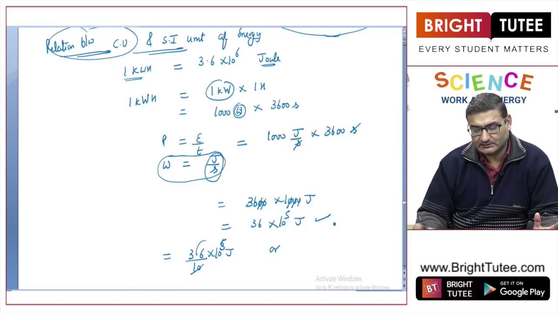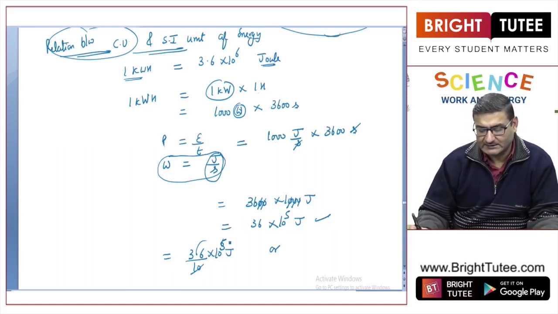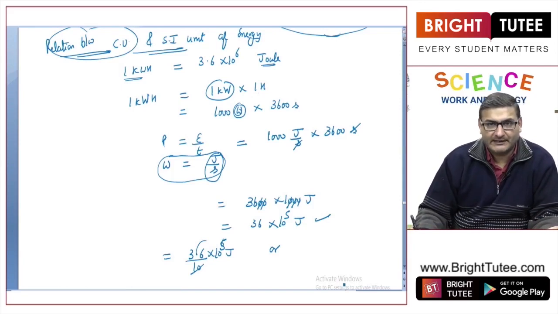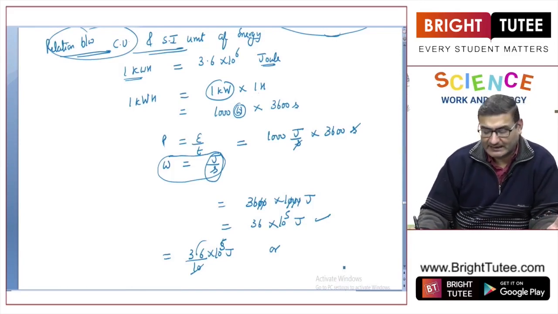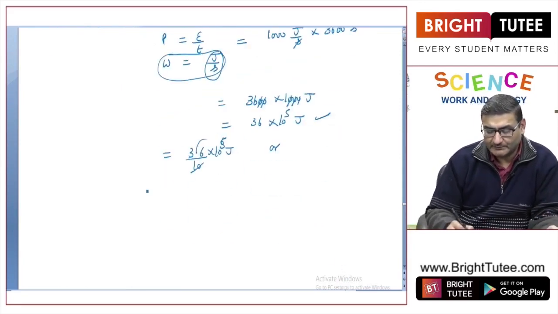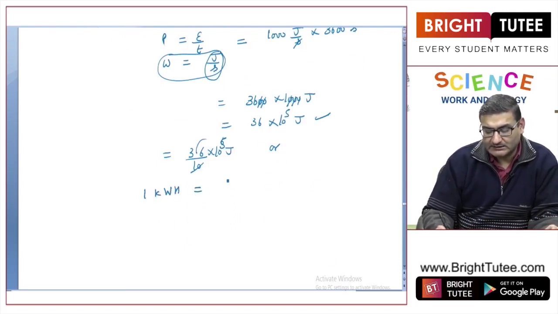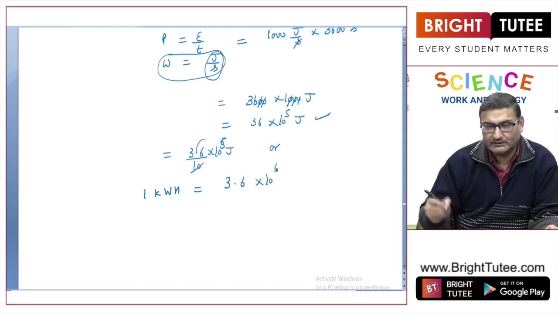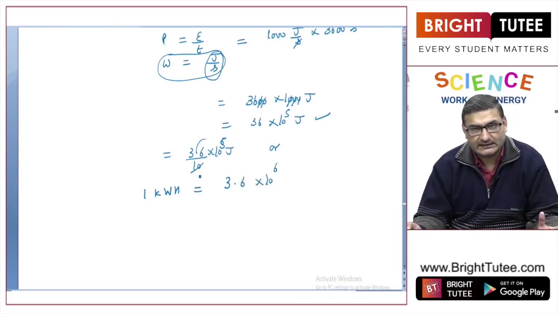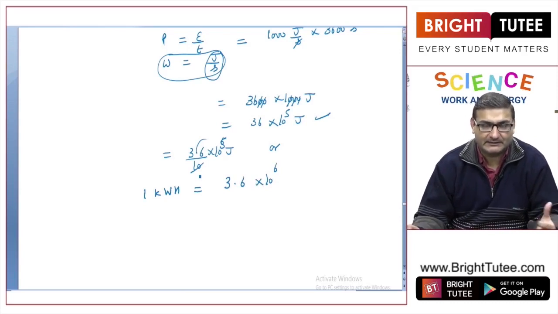Then why are we taking 36 into 10 to the power 5? We are leaving it and taking this just in order to make you remember it in the kind of a rhyme. Probably you will be able to relate to it more when it is like 1 kilowatt hour is equal to 3.6 into 10 to the power 6. 6 and 6, the rhyming seems better to learn.